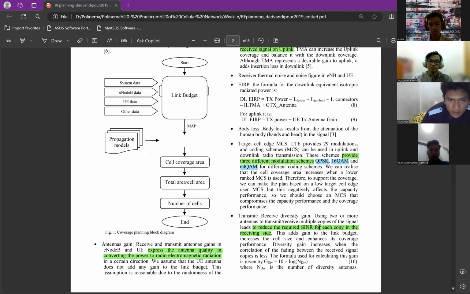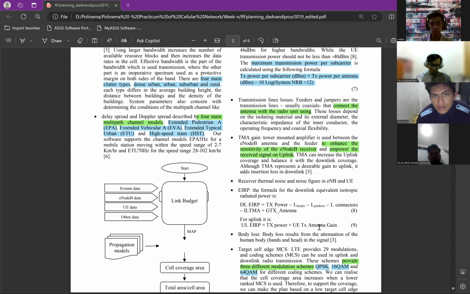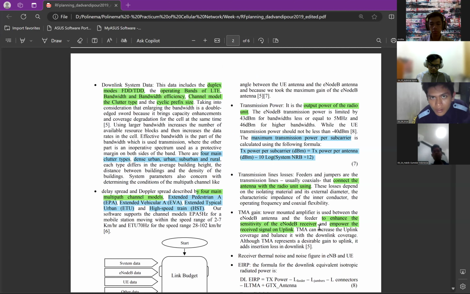This assumption is reasonable due to the randomness of the receive signal on uplink. Diversity can increase the uplink coverage and balance it with the downlink coverage. And then receive thermal loss and noise gain.